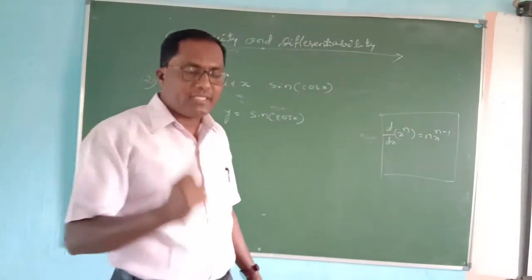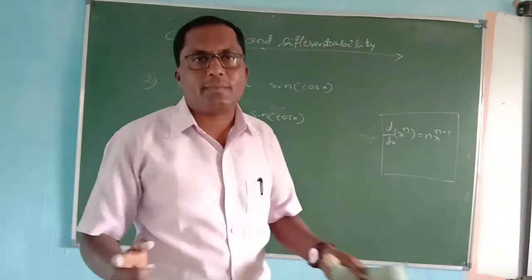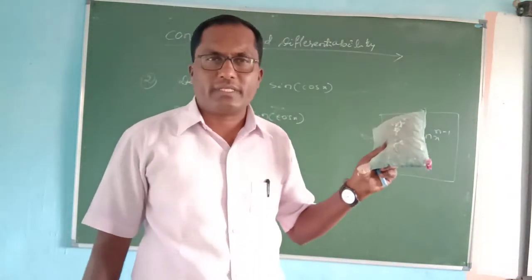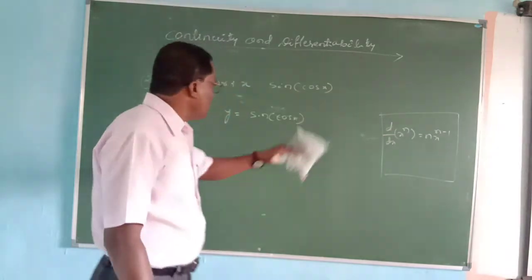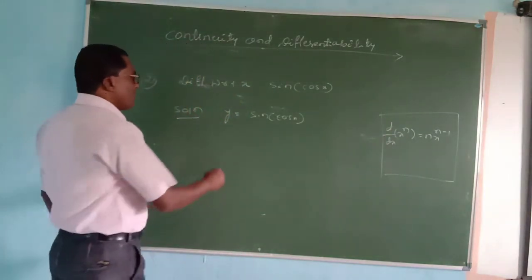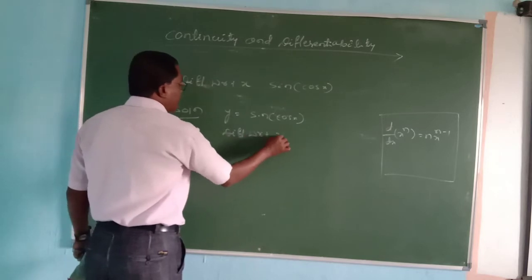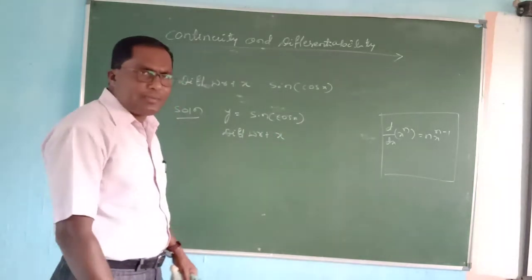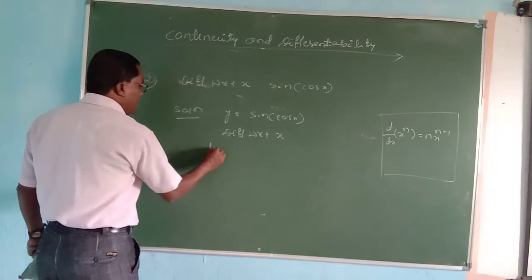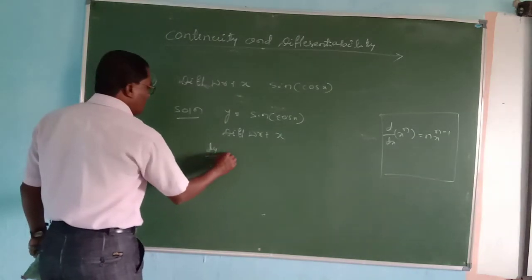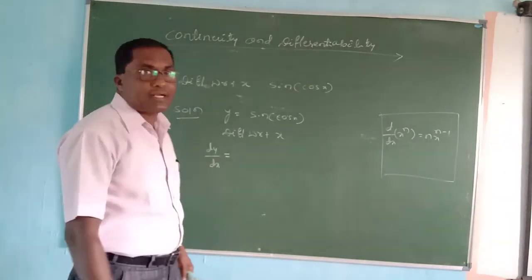Yes, the direct method is very easy. You use the direct method to solve this one. So, I use the direct method. Differentiate with respect to x. Simple. That means dy by dx is equals direct.